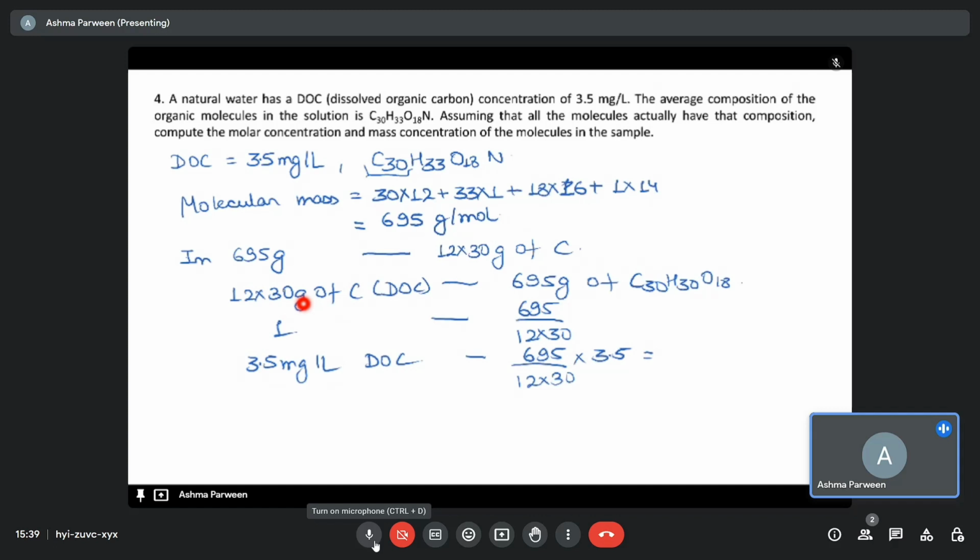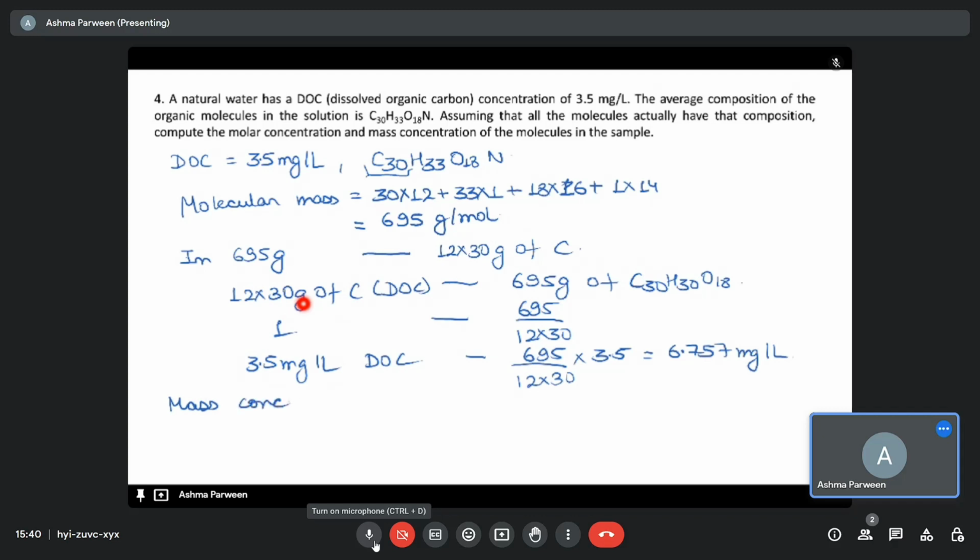So after solving this, it is around 6.757 milligrams per liter. Now this is the mass concentration of the molecule.